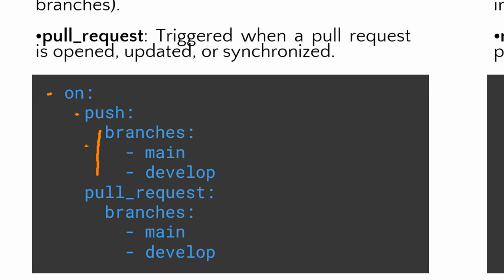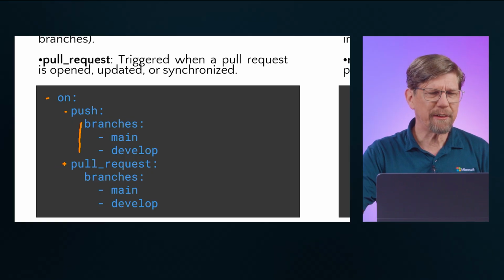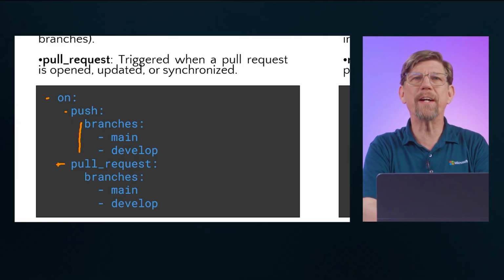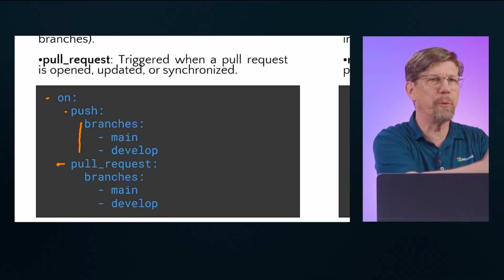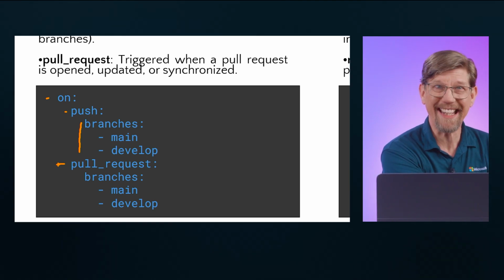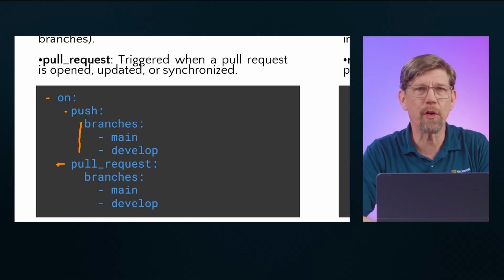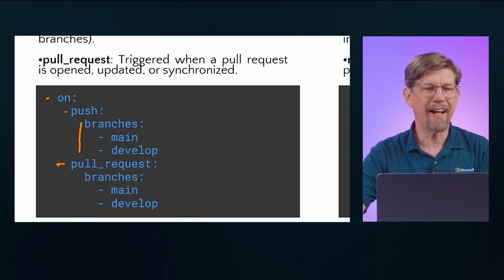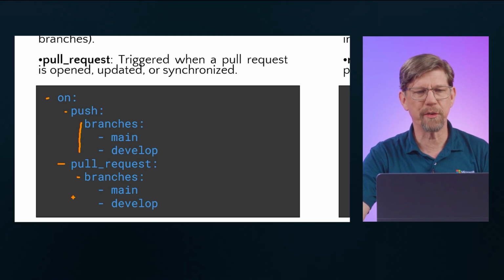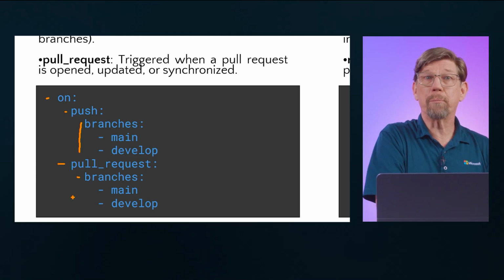So anytime a commit is happening, but also a pull request, right? This is a bigger opportunity. Someone has packaged up a bunch of commits. They would like to have those brought into your branch. And so they've gone through the process of creating a pull request. Again, we get to have a little filter here on what branches you want.